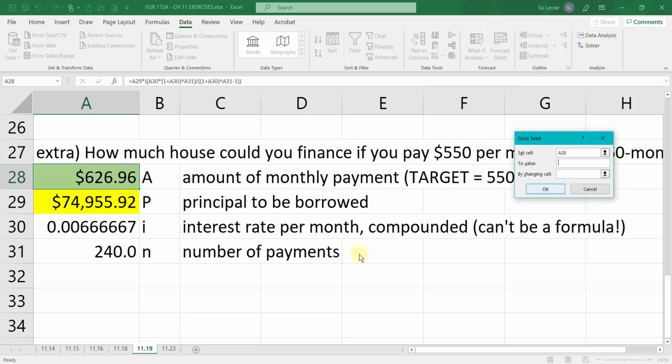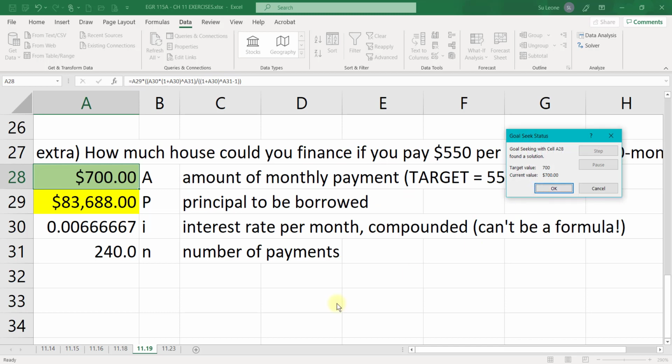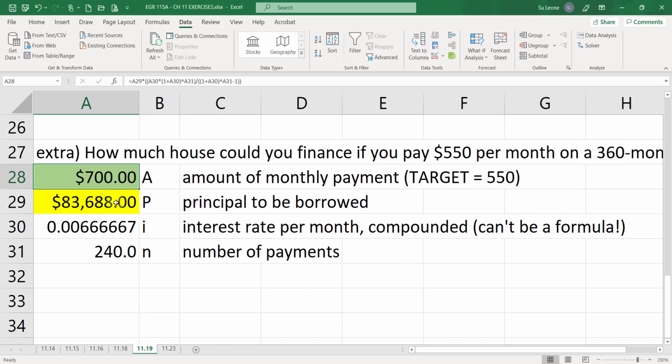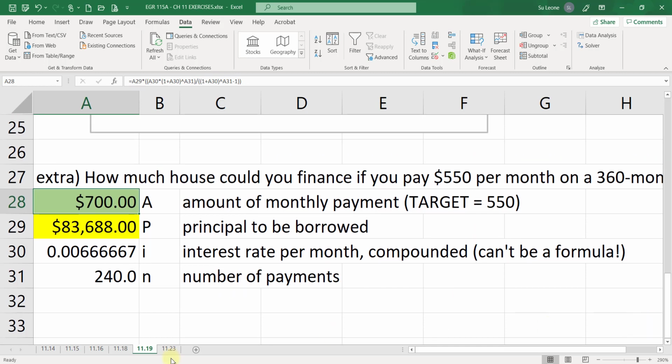Let's set that value to 700 by changing the principal that you can borrow. And you could buy a nice little house. Maybe it's in the outskirts of town, maybe it's a little rundown, maybe it's a really nice little condo. And so these are your choices, and this is where GoalSeek can really help you make some decisions in your life. Now, this was not part of the homework, but it's just something you can do with GoalSeek.